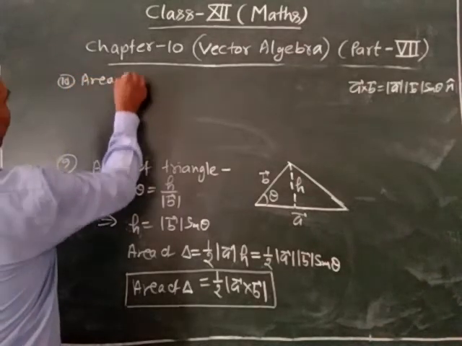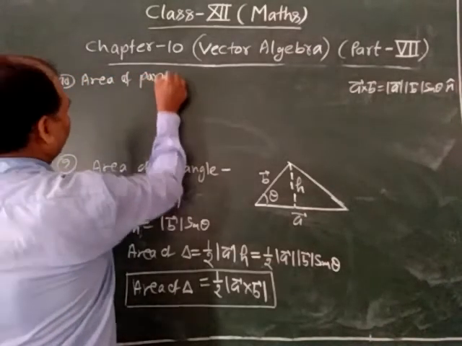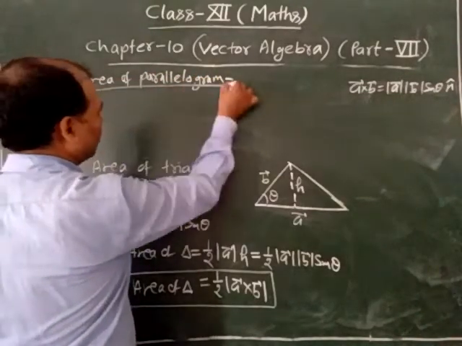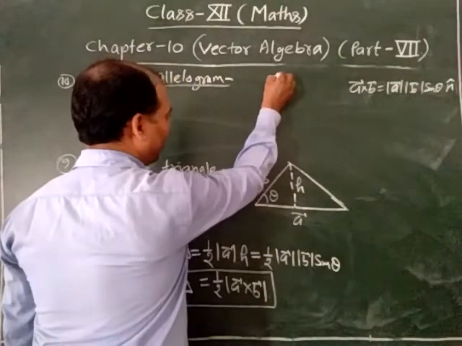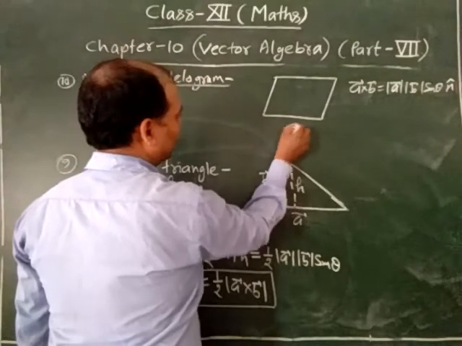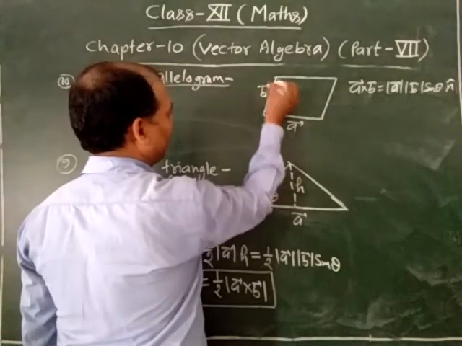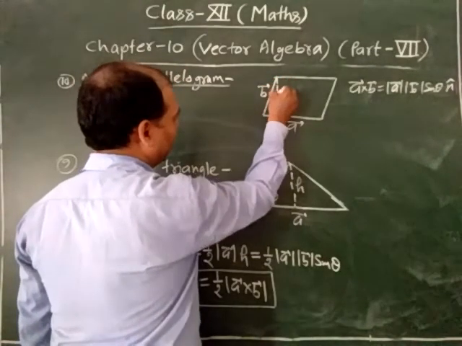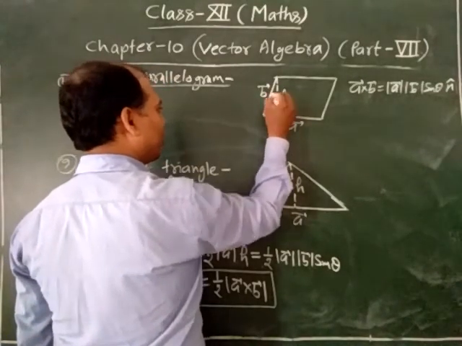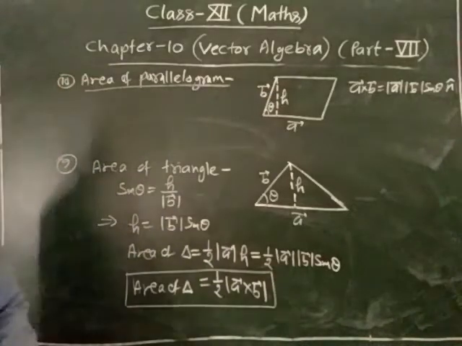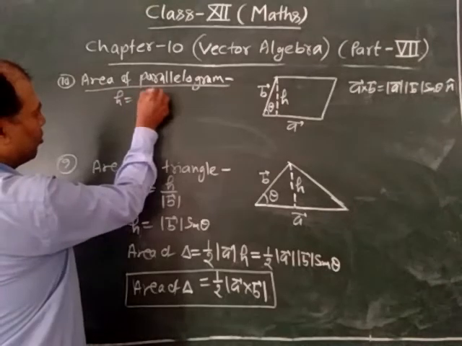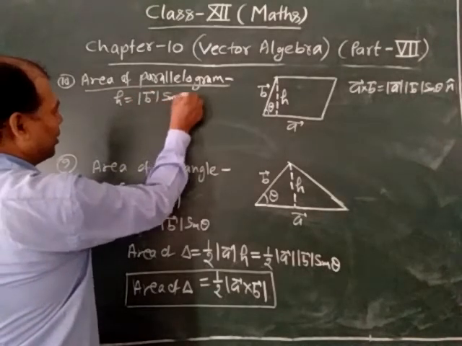Area of parallelogram. Suppose that there is a parallelogram in which the adjacent sides are represented by vector A and vector B, and suppose that this is the height of the parallelogram and the angle between vector A and vector B is denoted by theta. Then we can write H equal to mod B sin theta.